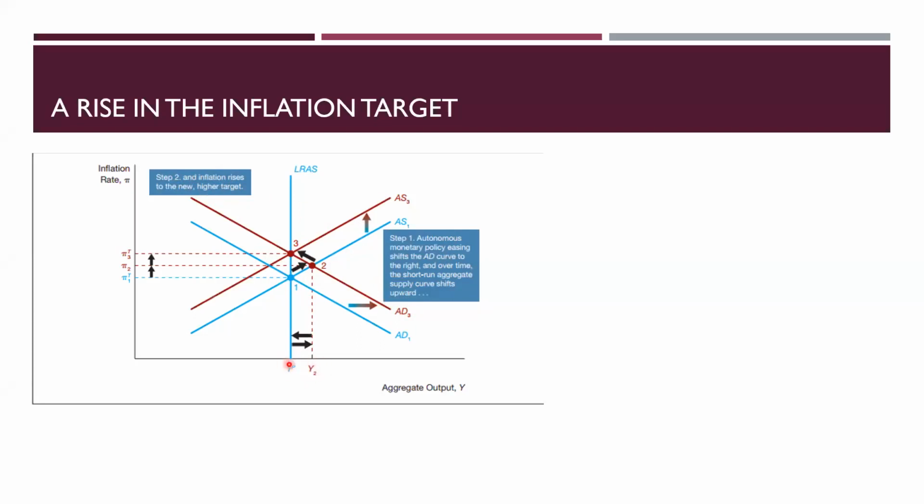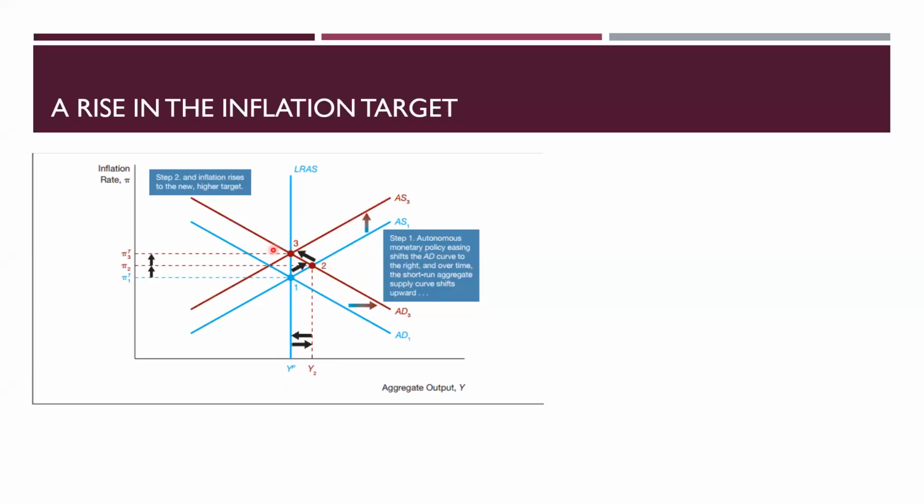But at Y2, this is way above the potential and resources are being strained here. What happens? There will be a rise in the cost of production, which now shifts the aggregate supply curve to the left, from 2 to 3. So we're moving from 1 to 2, because this is not sustainable. We are way above potential, and we can't continue to operate like that.